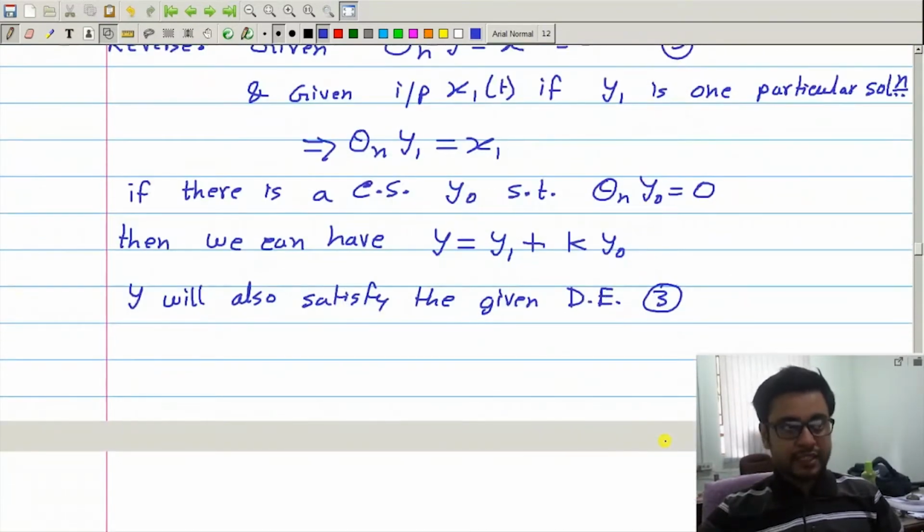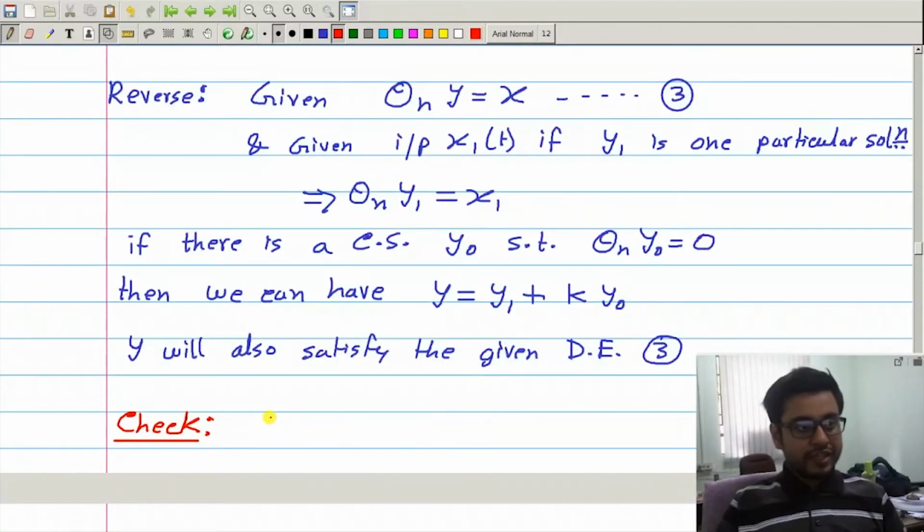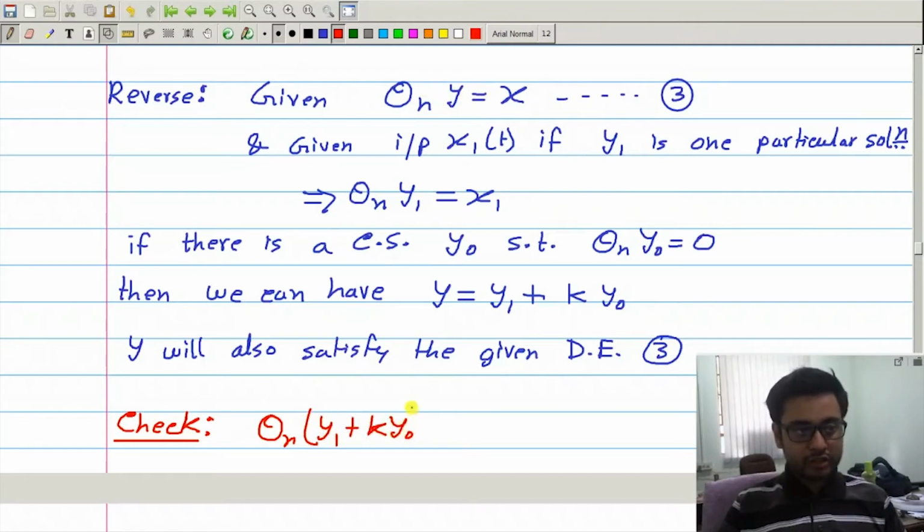You can check it for yourself, putting y equal to y1 plus ky0 in this equation. So we have y1 plus ky0.